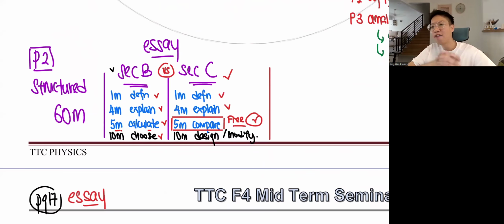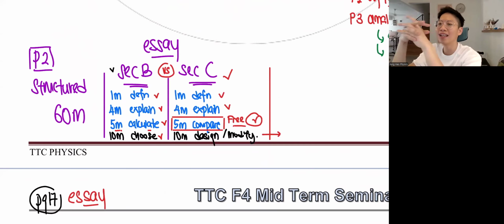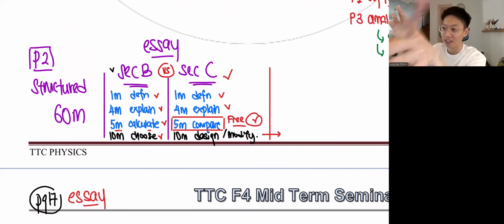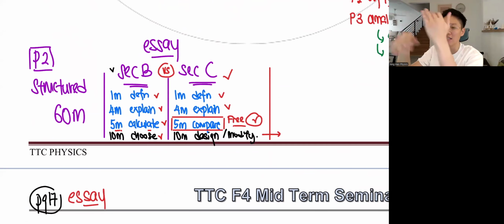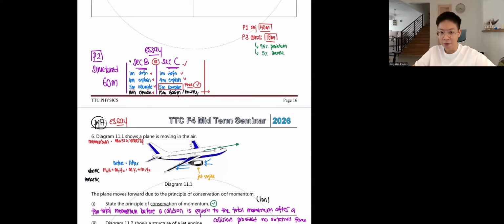Now after we finish this design modify, I will share with you what are the things that you have to study by yourself. I will list down certain things that you have to study by yourself, and I'll tell you some common mistakes lah. So after we do this design and modify, which design modify should we do?